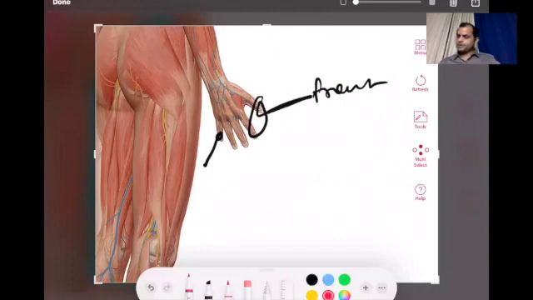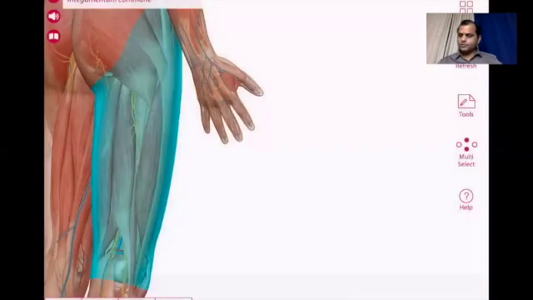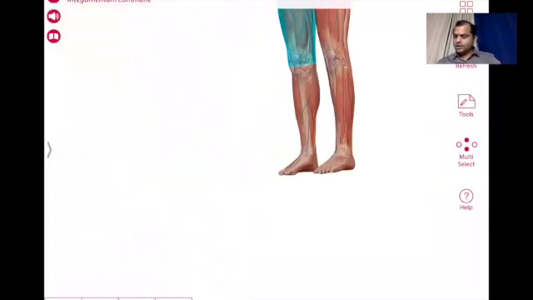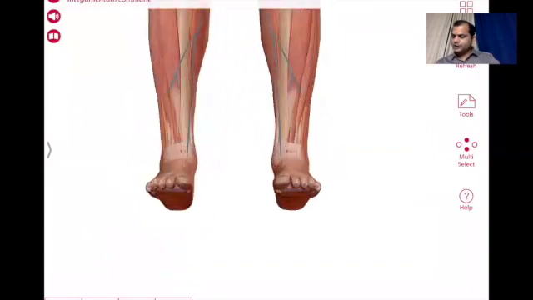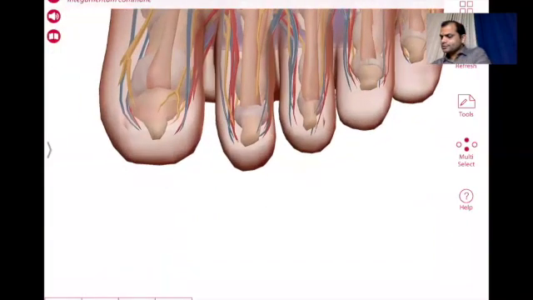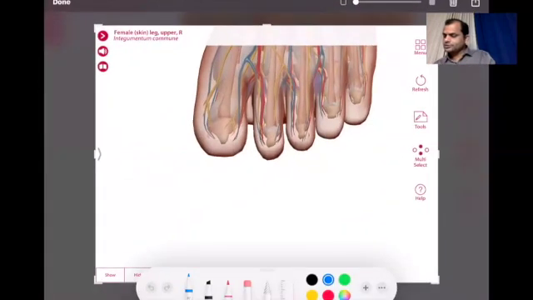So our Yang Ming is starting from the index finger, which is the front side finger, and following the frontal side of the arm. So the large intestine is starting from the index finger, means Yang Ming is starting from the index finger. And Yang Ming is also ending on the index toe.